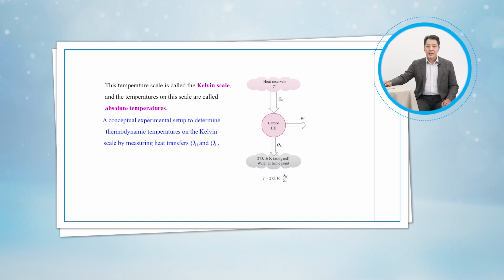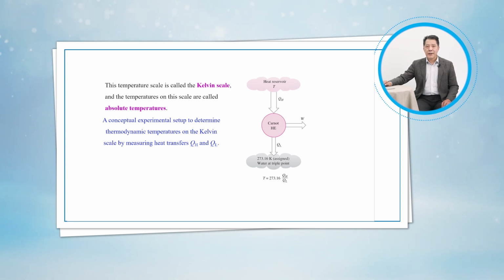The thermodynamic temperature scale is not completely defined by equation 3-57 since it gives us only a ratio of absolute temperatures. We also need to know the magnitude of a Kelvin.